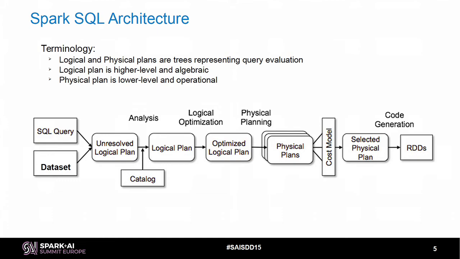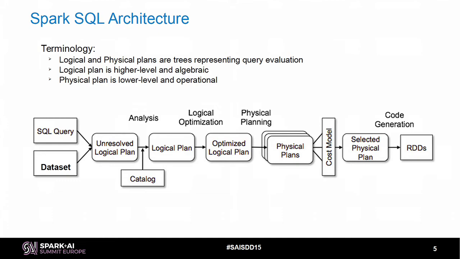This AST is referred to as the unresolved logical plan, which is then fed to the analysis phase, where the unresolved references to attributes are resolved, from which we get a logical plan.